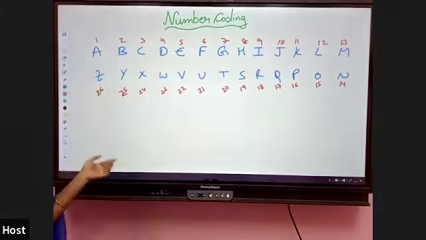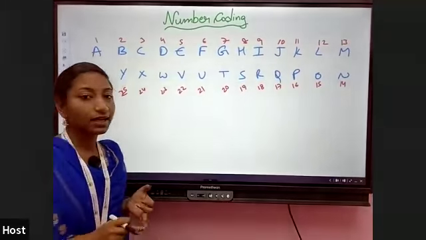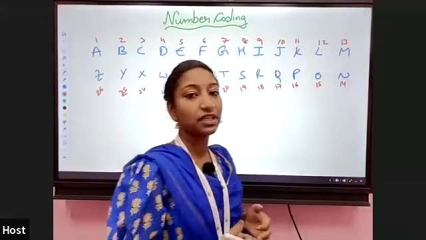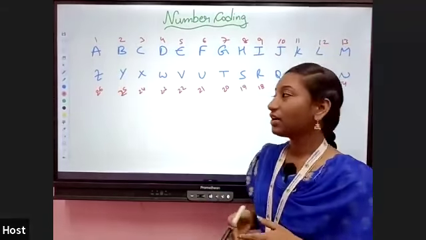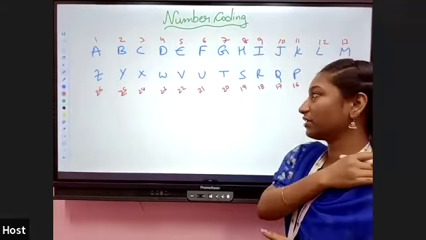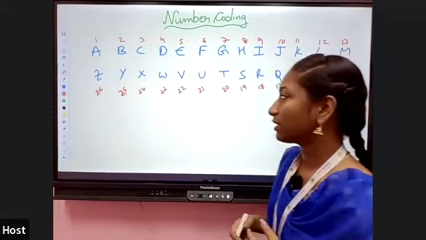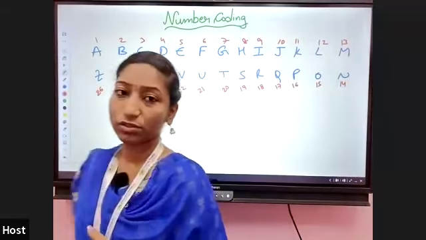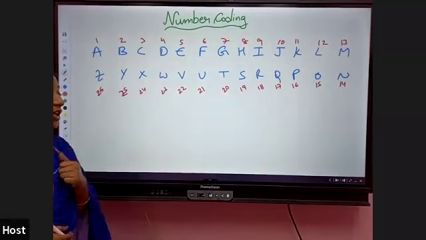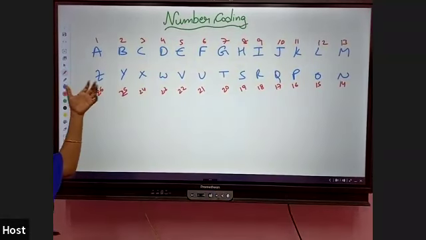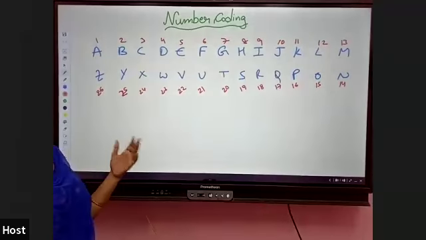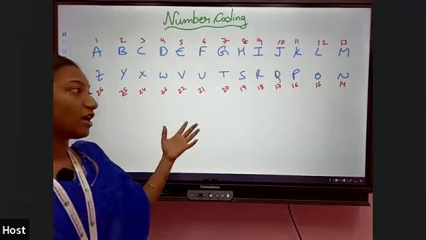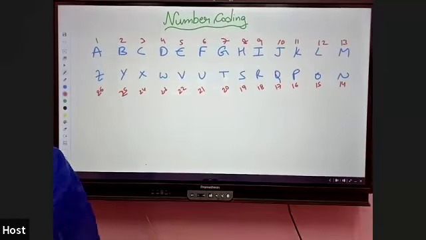This table is useful for letter coding, number coding, and also for letter analogy and letter classification. For all these topics, this table is very important. In number coding, there are also the same letters. We already discussed that the value of Y is 25, the value of V is 22, G is 7, H is 8, I is 9, P is 16. So like this we know.